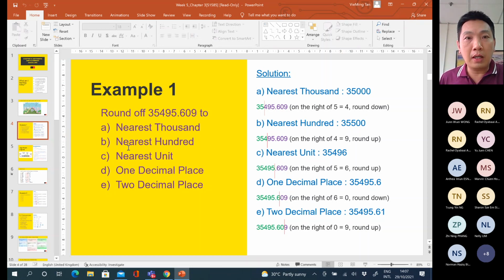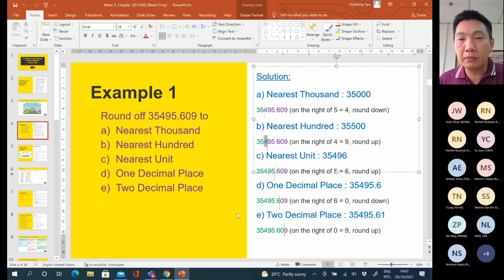Next example. How about if we want to round the answer to the nearest 100? 100 is this 4, the digit at the 100 level. Next to 4, you may find that the number is 9. 9 is greater than 5.